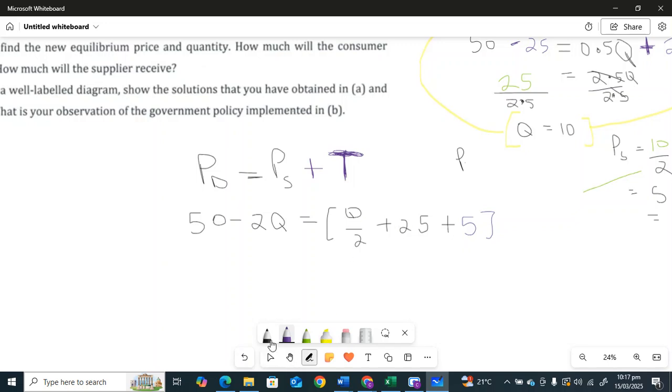Q divided by 2, remember, this invisible 1 divided by 2 is 0.5. So our new supply function is going to be 0.5Q plus 30. And here we're going to have 50 minus 2Q.